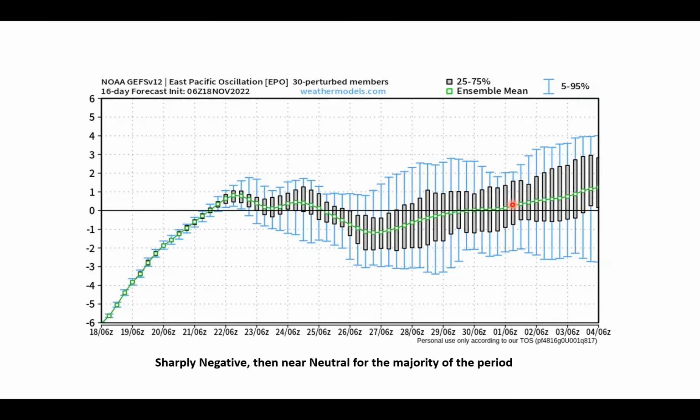And then finally, the GEFS V12 EPO forecast, sharply negative EPO becoming near neutral for the majority of the period. A little bit of a slight dip there into negative territory, 27th to 28th of November. But in general, we become more of a neutral trend for the EPO.